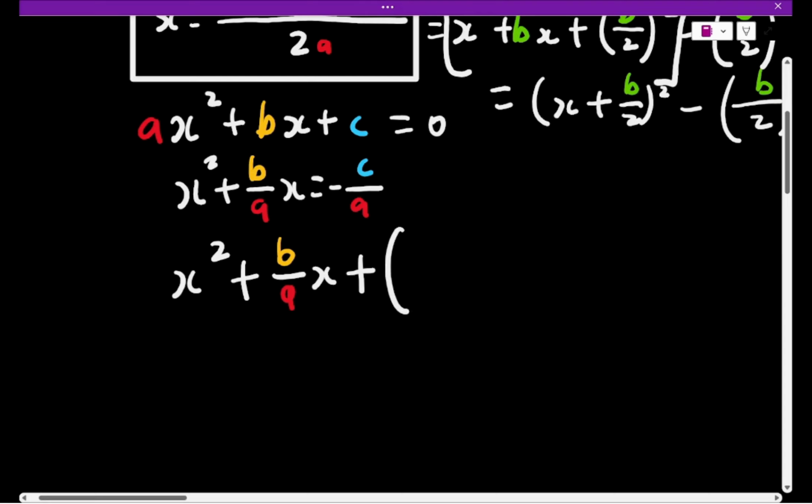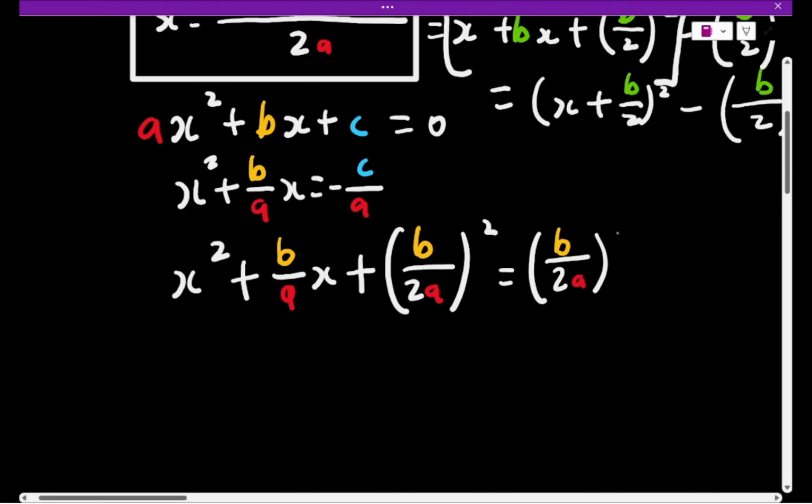So we're going to have b over 2a squared, and instead of subtracting it, I'm just going to add it to the right hand side as well. So b over 2a, like so, squared, and minus c over a.